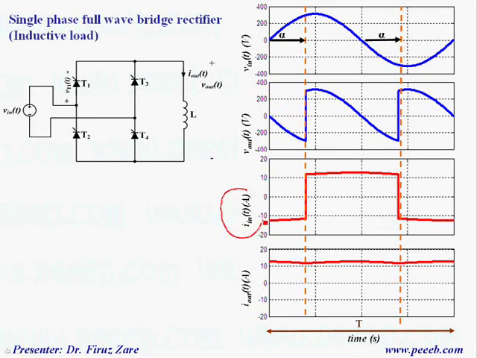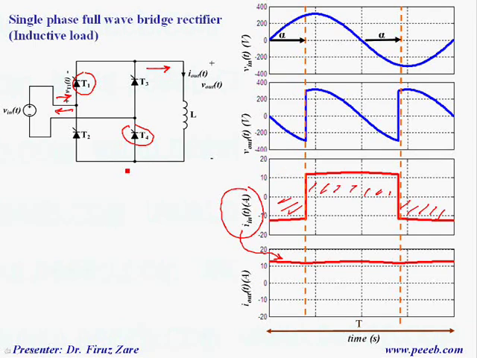Basically, the input current is not a sine wave because the output current is continuous, and when T1 and T4 conduct, this is the direction of current, which is positive. This is the direction of current. That means negative. So that's why we have an AC input current which is not a sine wave.